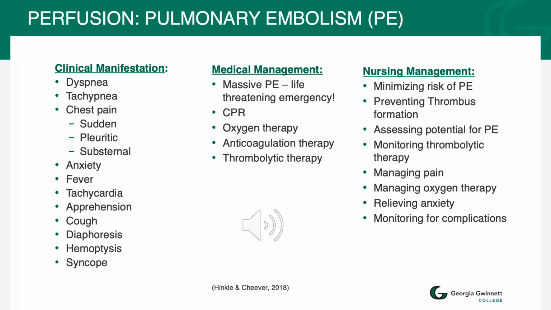That's hemoptysis. They will be sweating, or diaphoretic, and syncope can happen. Syncope is temporary loss of consciousness because the patient is not getting sufficient blood to the brain, so they're passing out, if you will.